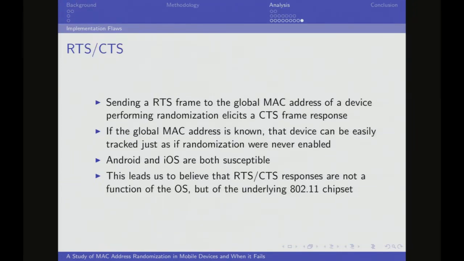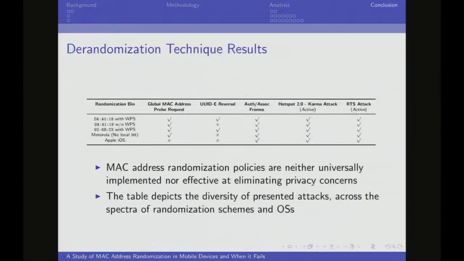And we saw this worked across the board for Android and iOS. One caveat is usually iOS will only respond if the screen is on. We consider that a chipset flaw that won't be easily fixed by the operating system. So we did get a lot of calls from Qualcomm to try to work on that. This is an overview of all of the attacks and how they work against the different bins.